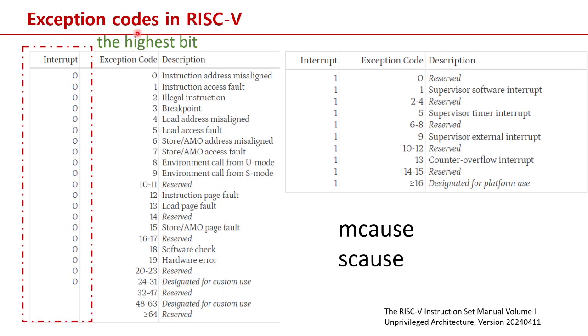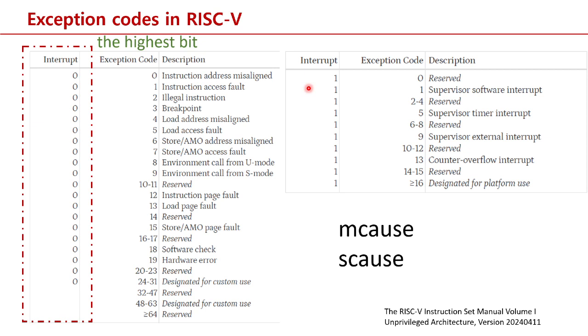The exception code is this value: 0, 1, 2, 3. This is the score of the exception code, and this table also shows you the exception codes. One thing you have to understand is that the highest bit is important. In this case, this is 0, this is 1.